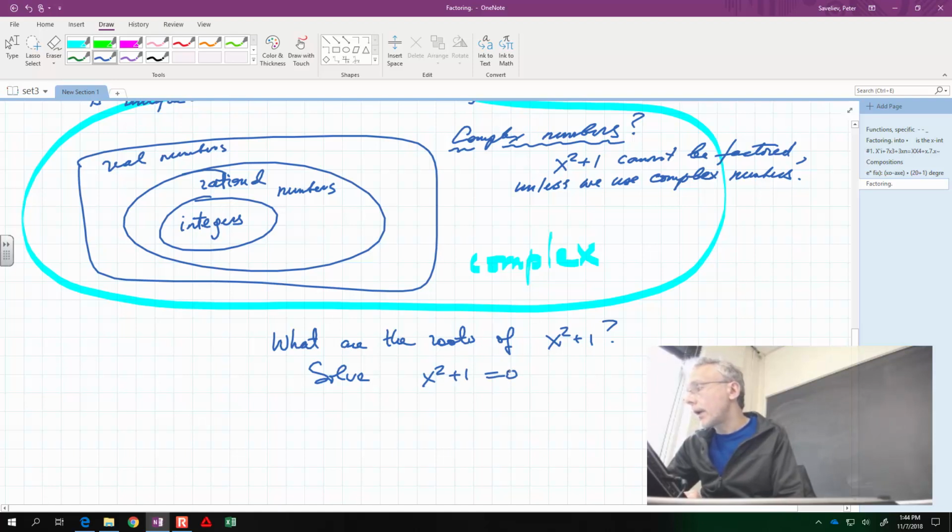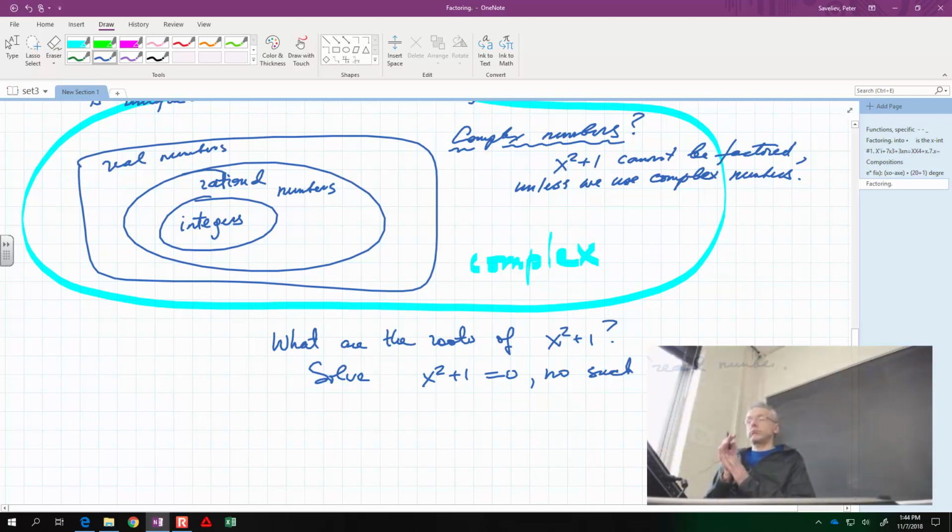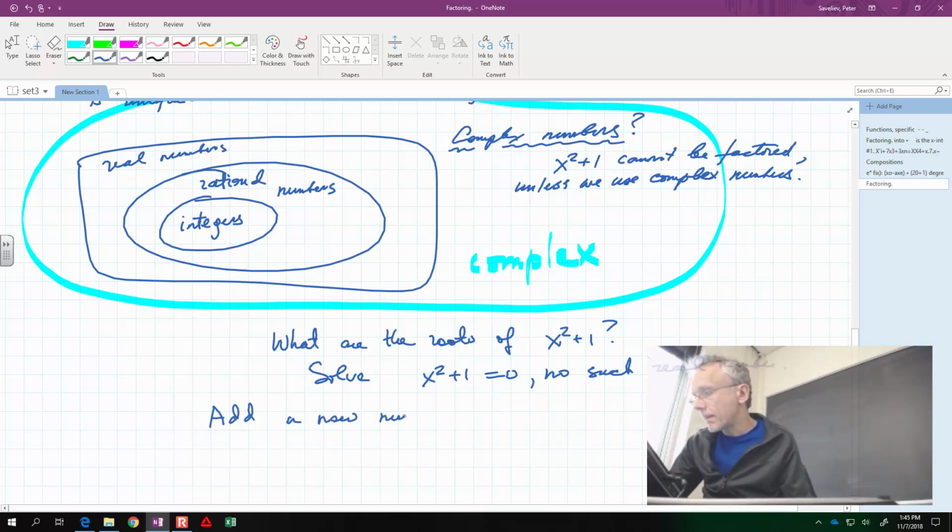We know that there is no such real number, but we say that if we are really willing to, we just add a new number that satisfies the equation.